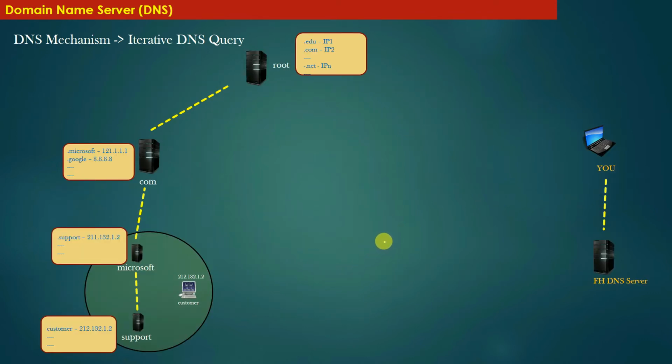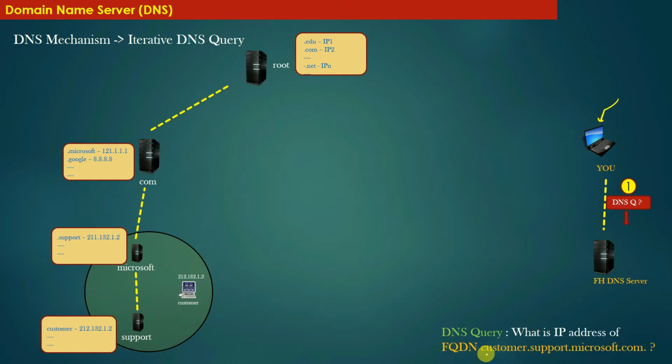You can see in this diagram you have a DNS client, and this DNS client is nothing but your local system. Your local system is configured with the IP address of the first hop DNS server, which is also called the DNS resolver. So whenever you access the website www.customer.support.microsoft.com, your local machine generates a DNS query and sends it to the first hop DNS server.